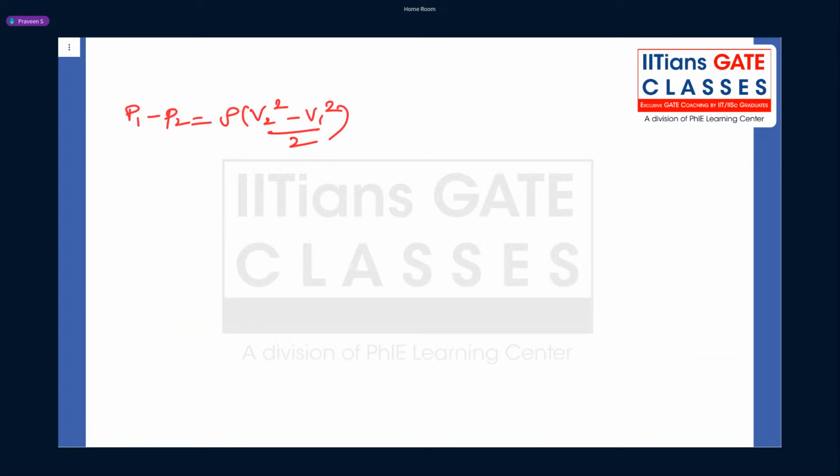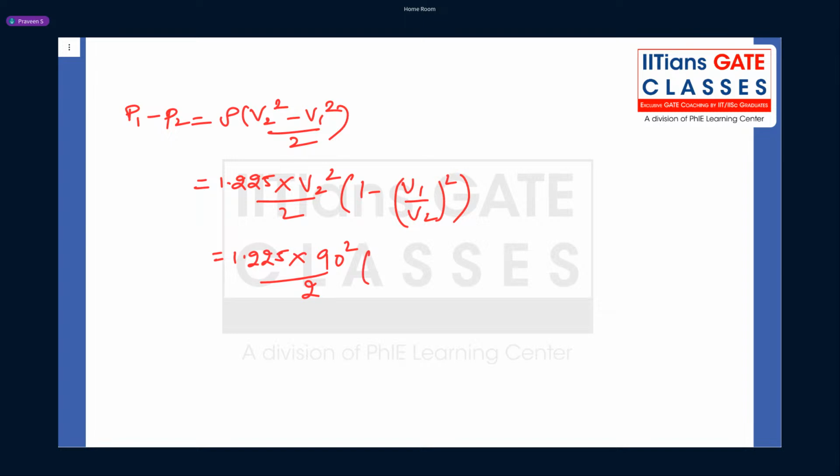Assume the density value is given. If you substitute in the values, let's say density I take as 1.225, and if I take V2 common out, V2 square divided by 2, and I have 1 minus V1 by V2 whole square. Substituting the values here, 90 square by 2, 1 minus V1 by V2.